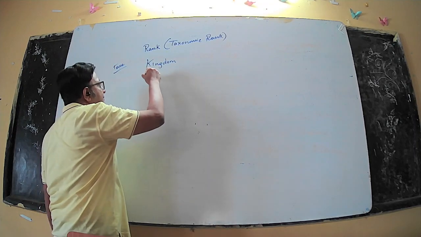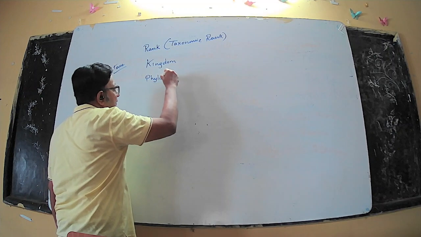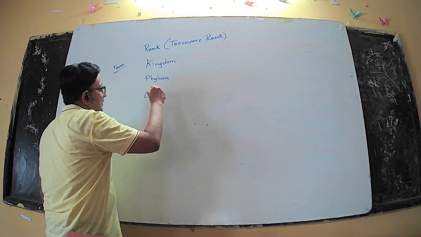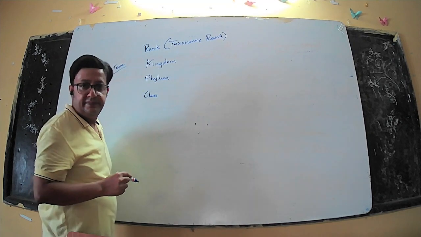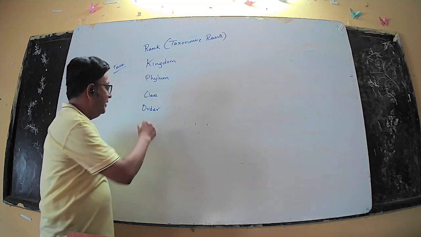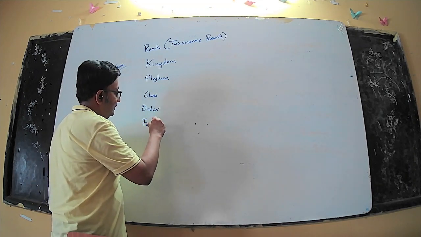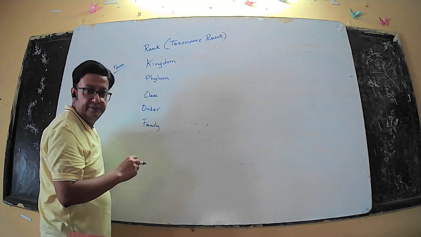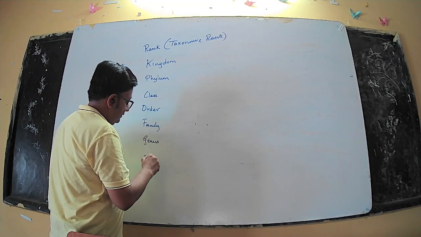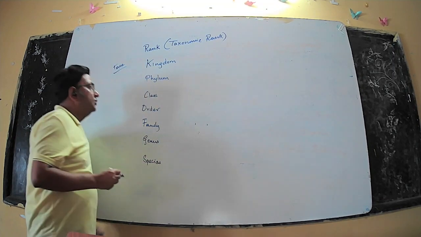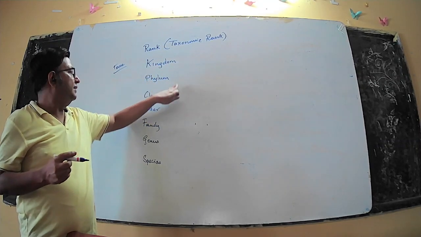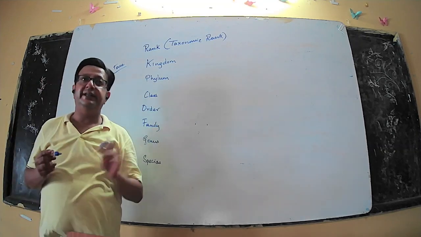There are 7 ranks. So you can even break them as kingdom, subkingdom, phylum, subphylum, class, subclass, but that is later.